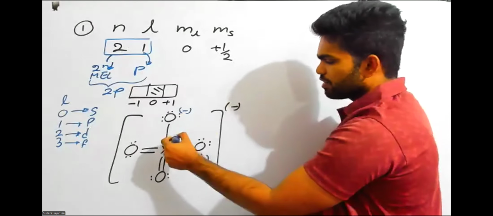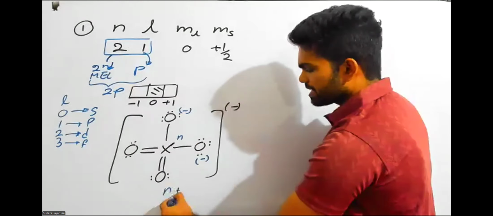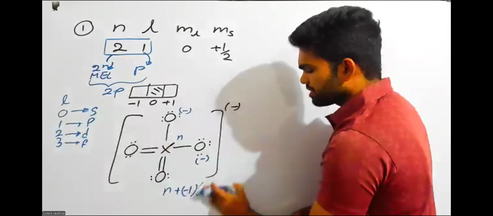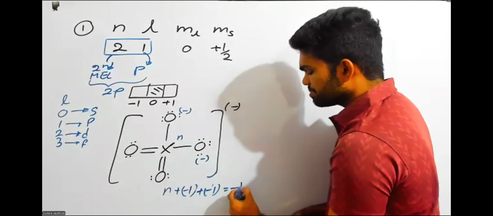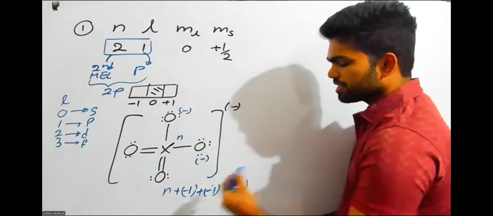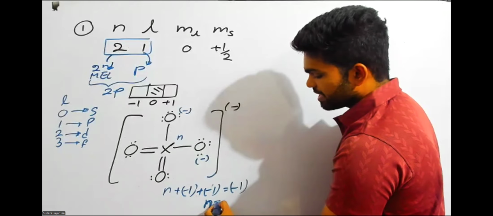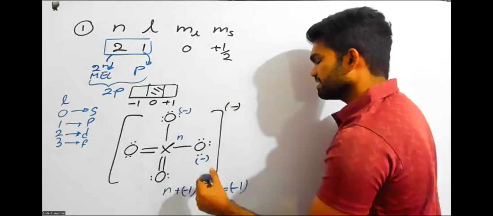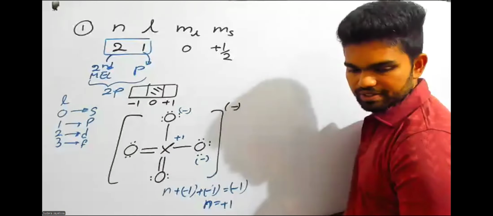That means if we take the charge of this one as n, then n plus -1 plus -1 will be equal to the overall charge -1. If you simplify, you will notice that n is going to be +1. Understand? So that means here you have a +1 charge.